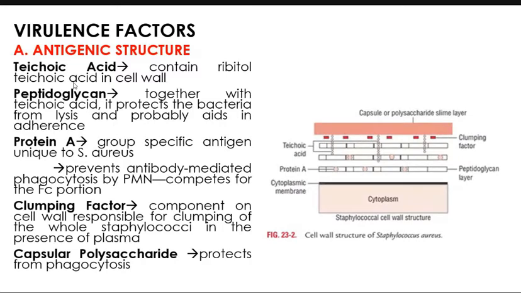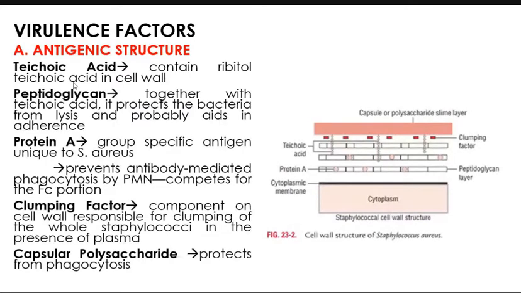So, another antigenic structure there is you see the clumping factor. Ano si clumping factor again? Ano yung sa ating clumping factor? That it's a component of the cell wall responsible for clumping of the whole staphylococci in the presence of plasma. So yan again, i-cover na naman siya.